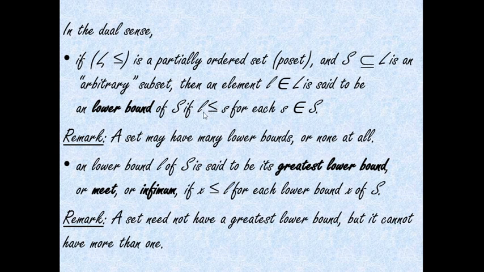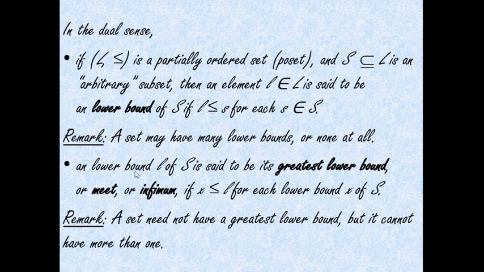That means l lies below all the elements of S. You can think about it like that. The remark, as earlier: a set may have many lower bounds or none at all.